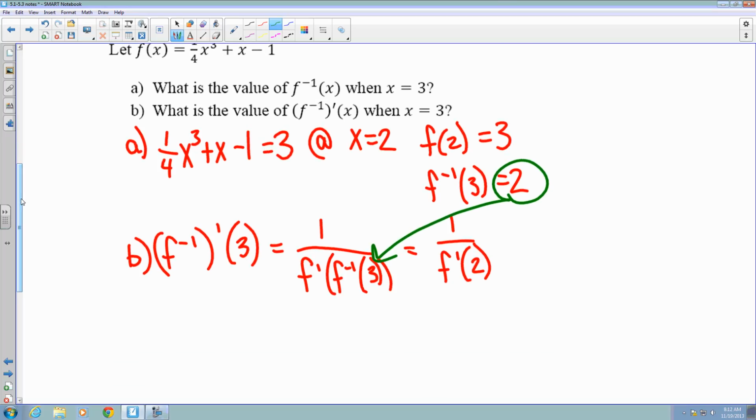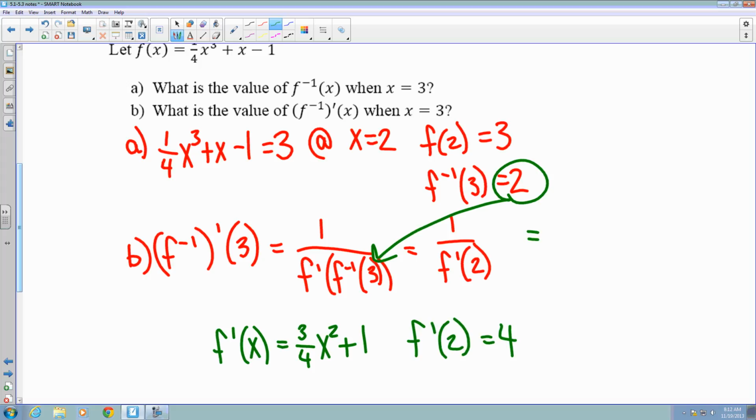So now we need to find the derivative, which is 3/4 x squared plus 1. And then we're going to evaluate that at 2. So what we're really doing is we found 1/4. That was what we had to do.